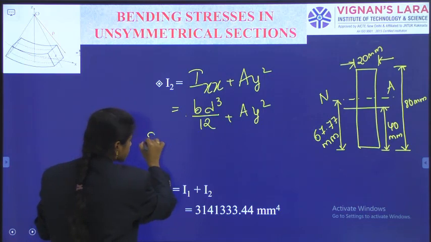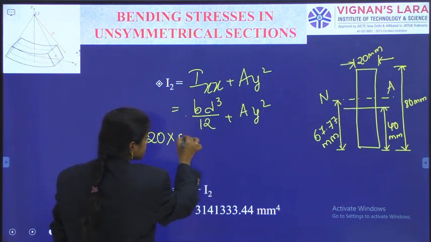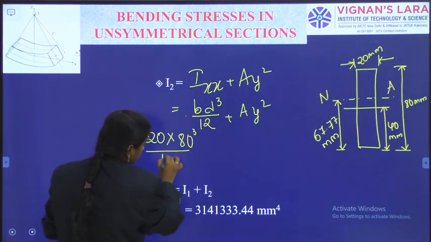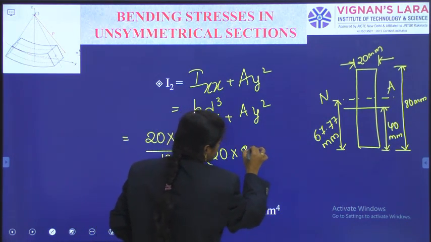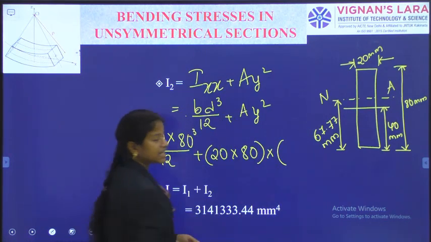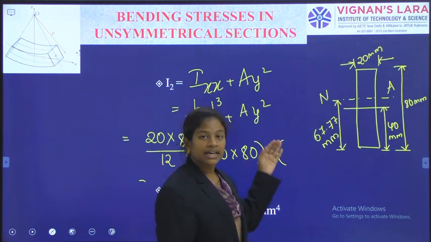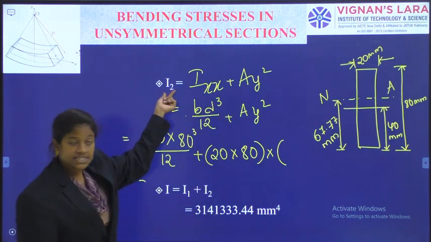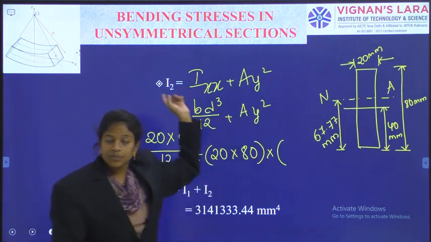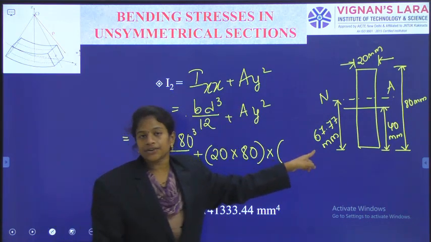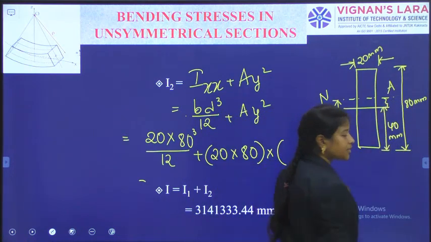That dimension is 20, and the height dimension is 80. So b d cube by 12, again area 20 into 80 into y. y is the distance between the considered axis, about which I am taking the moment of inertia, and the centroidal axis.